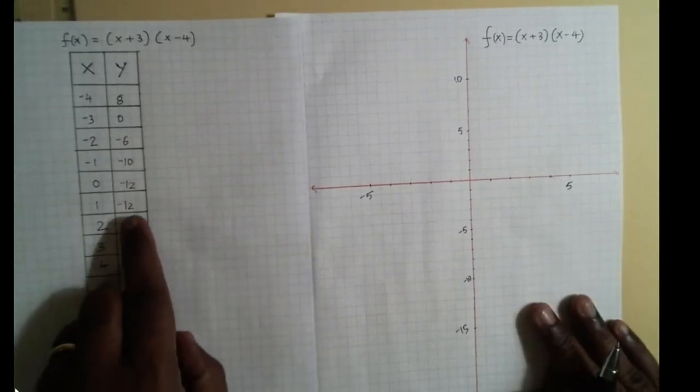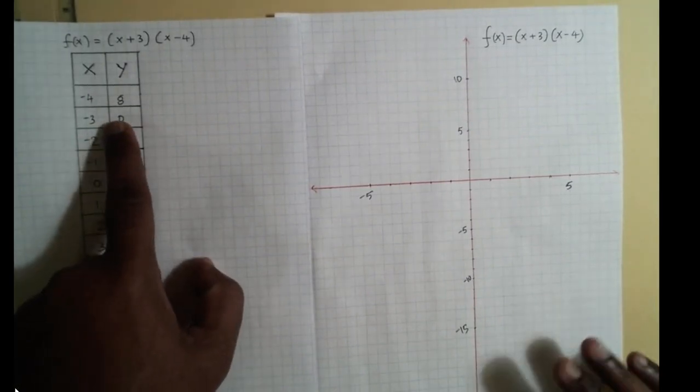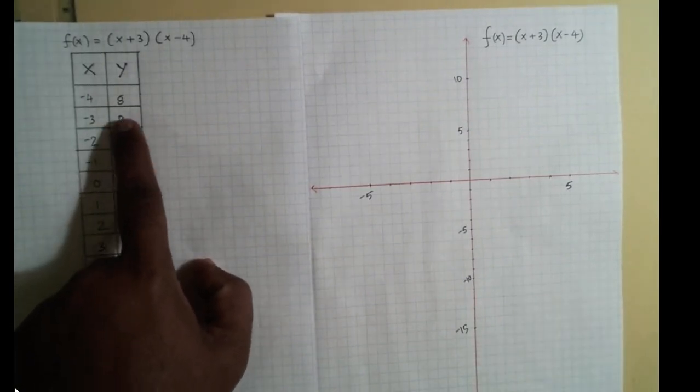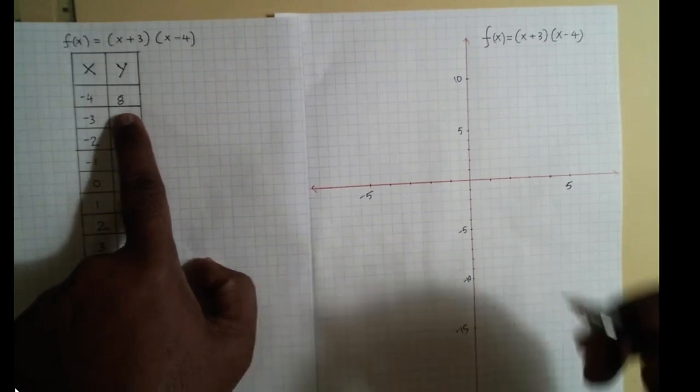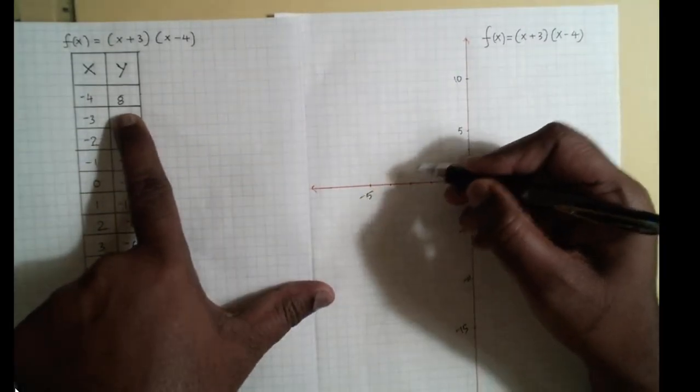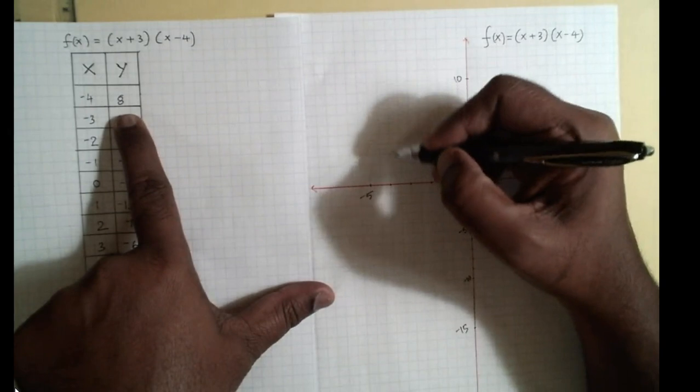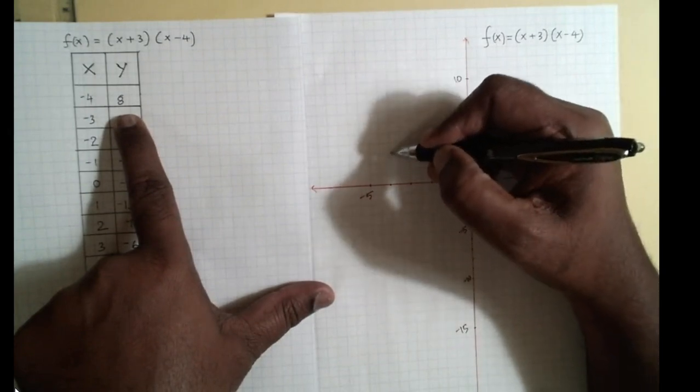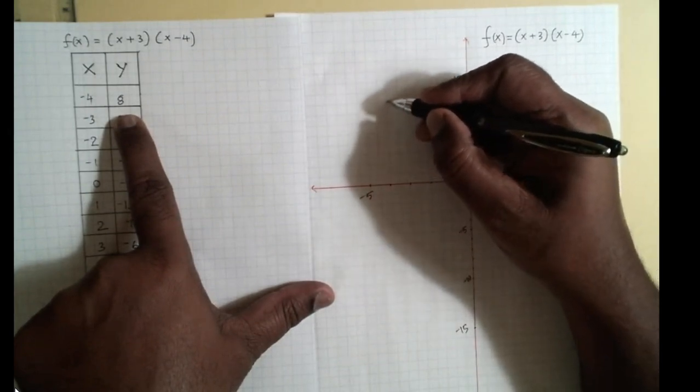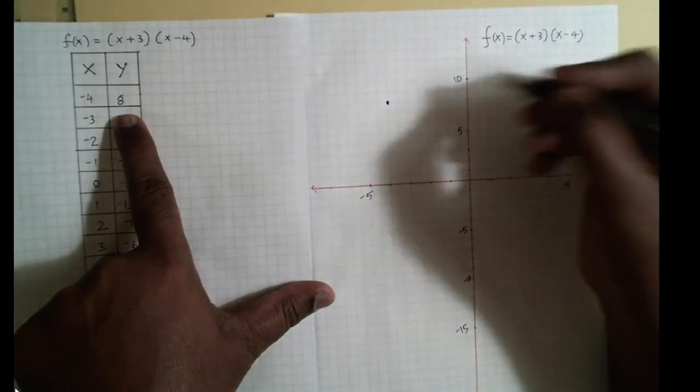Alright, when x is -4, the value of y is 8. -4 goes to 8: 1, 2, 3, 4, 5, 6, 7, 8. Okay, that's right.